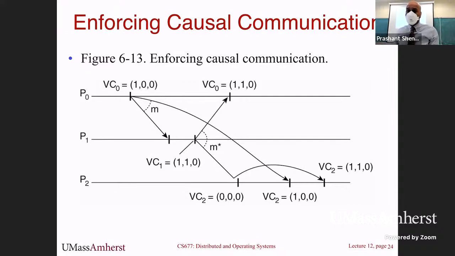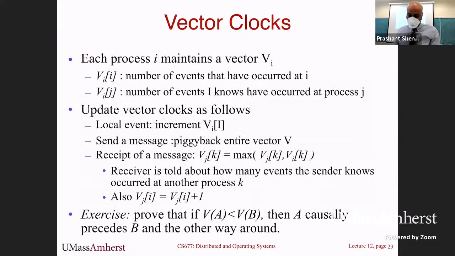Is there a question? Yes. The question about page 3 is whether the update should be Vj[j] equals Vj[j] plus 1. Oh, this one, from below. Yes. Oh, yes, of course.